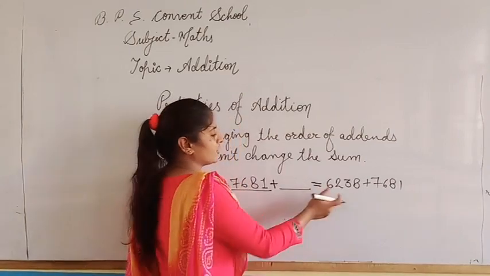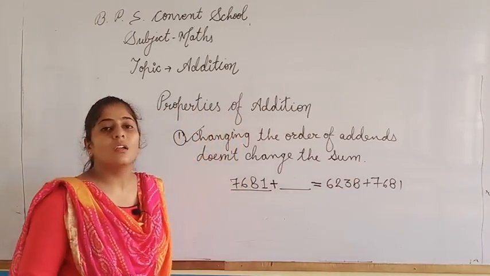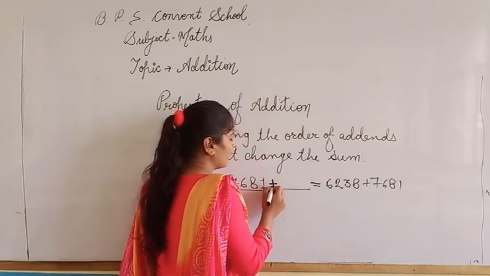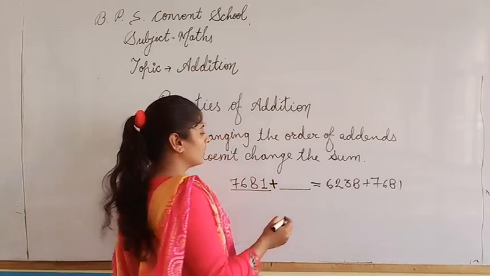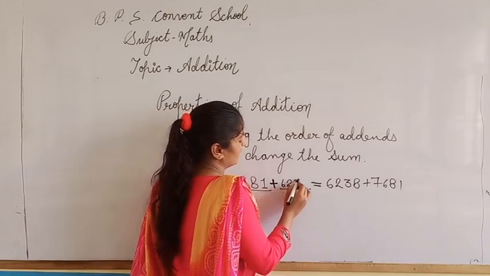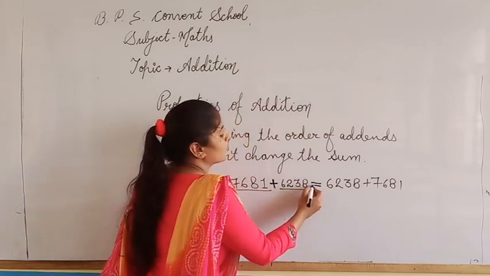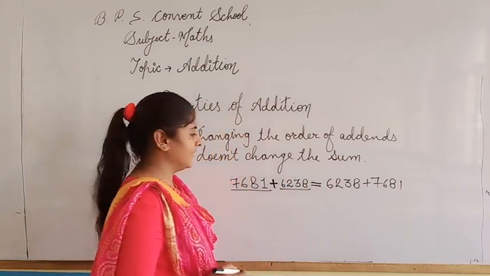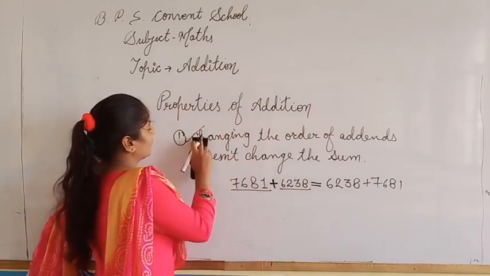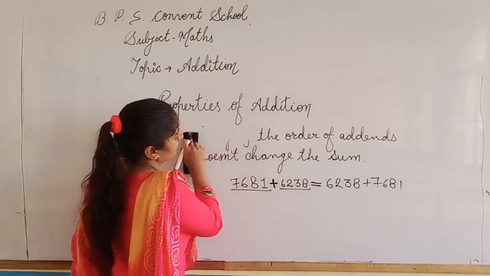This side addition and this side addition both are the same. The answer will be the same. If I write 6238 here, then this property will be right. Understand?